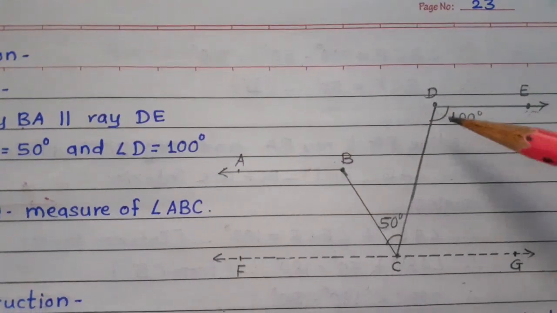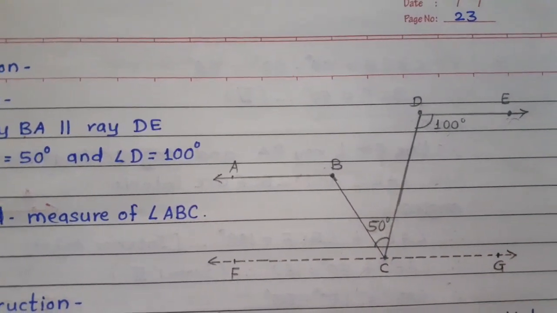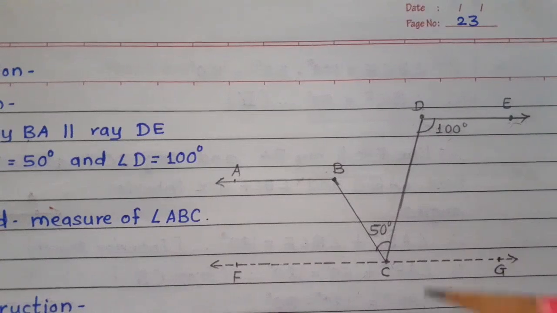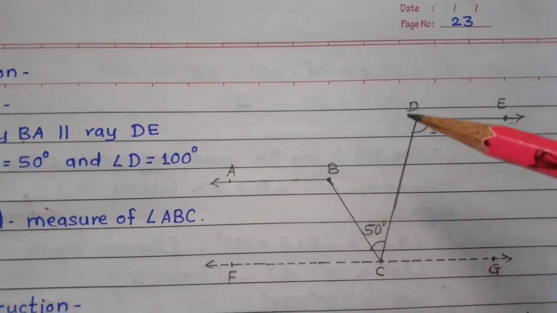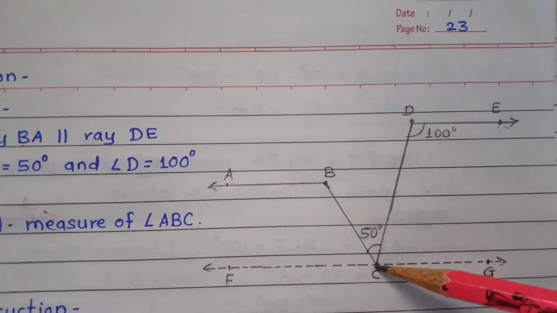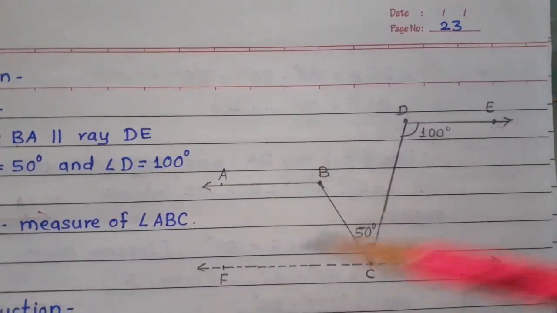Now we have angle DCF, this whole angle, as 100 degrees, but by the angle addition property, angle DCF is equal to angle DCB plus angle BCF.